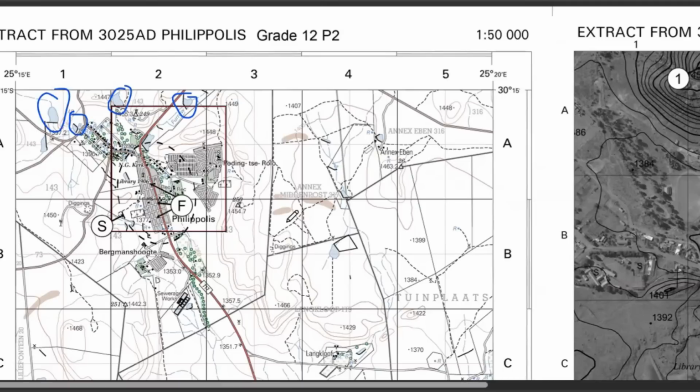And also we can check the presence of transport routes, which can also be a favoring factor that has favored the location of Philippolis in that area. If we talk of the transport routes, there can also be some factors that would have favored the situation of that particular Philippolis.